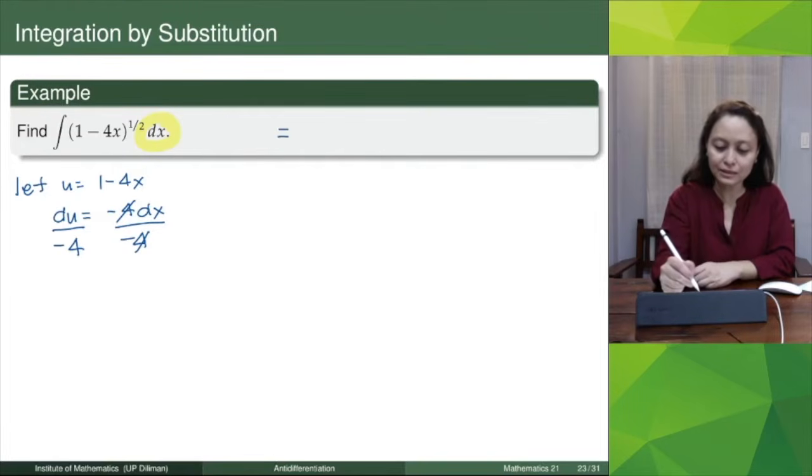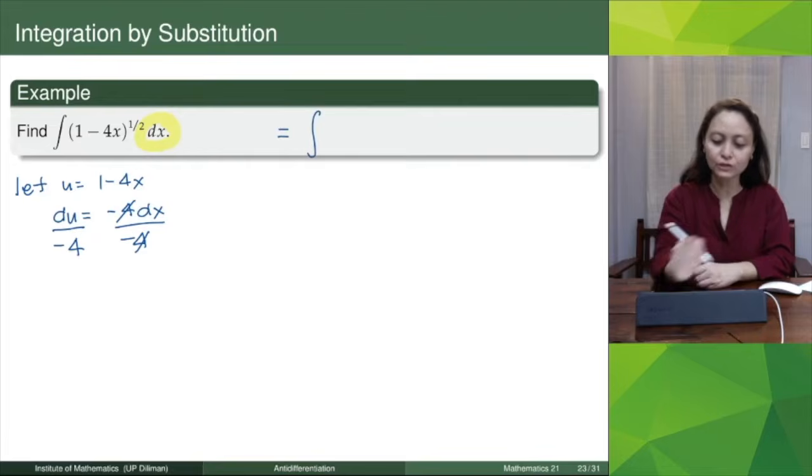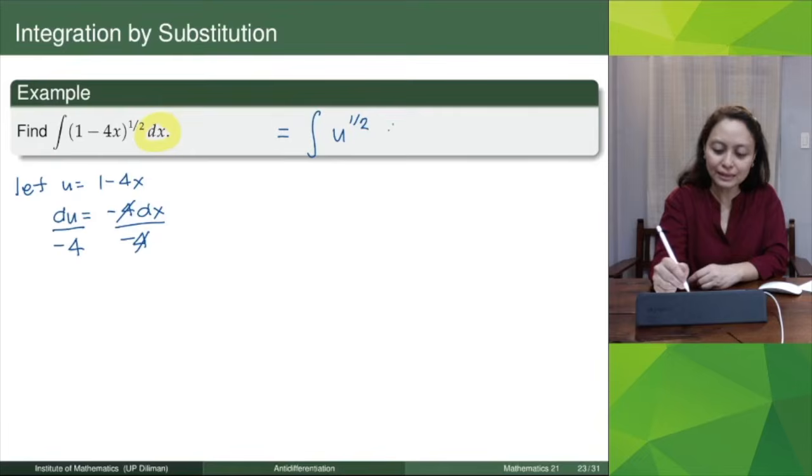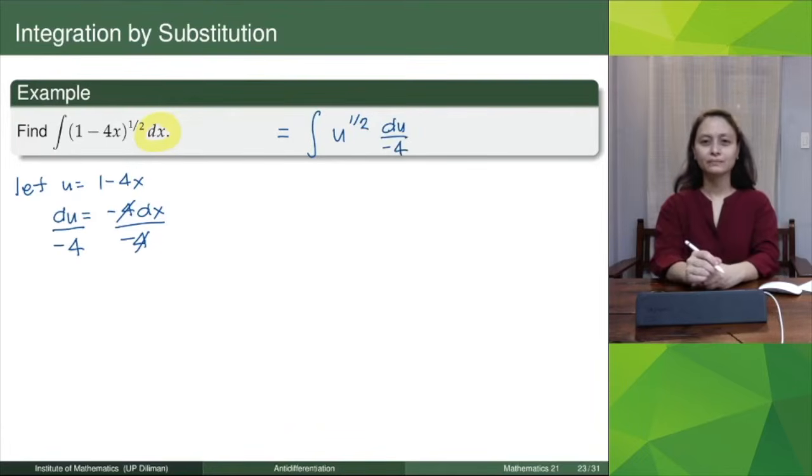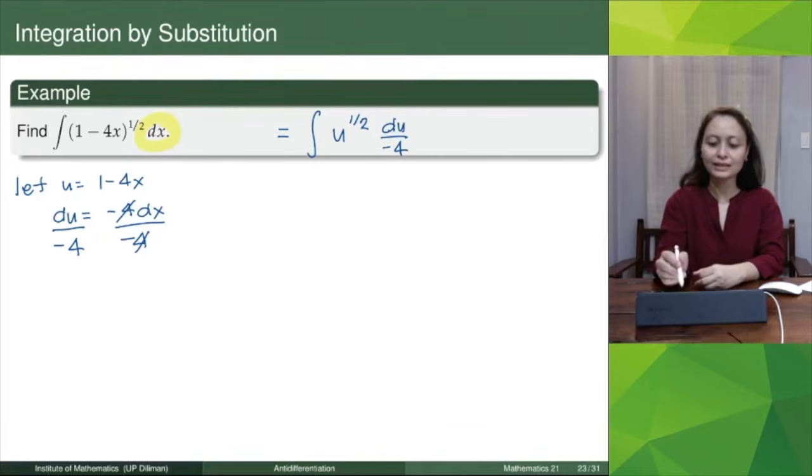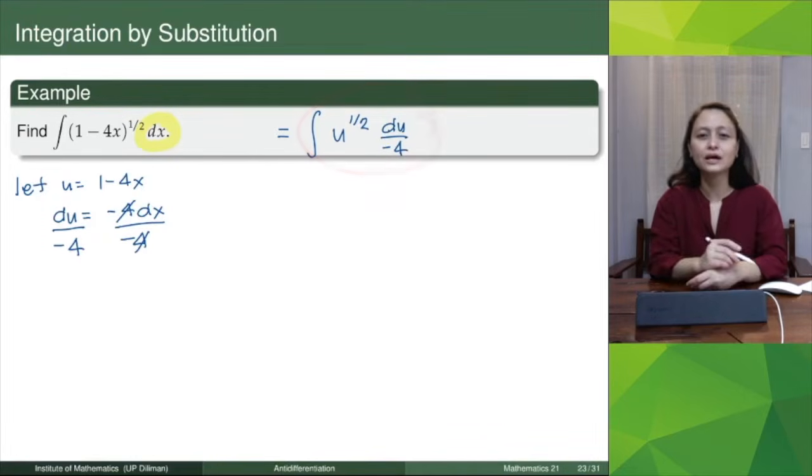So, this antiderivative is equal to the antiderivative of yung 1 minus 4x, papalitan ng u, raised to 1/2. And then yung dx ay papalitan ng du over negative 4. Okay? Check natin. Walang naiwan na x. We were able to express all the terms in the integrand in terms of u.